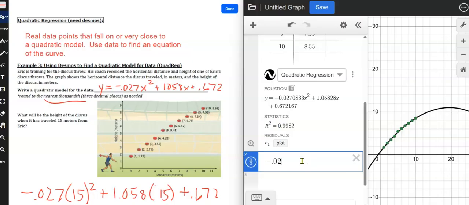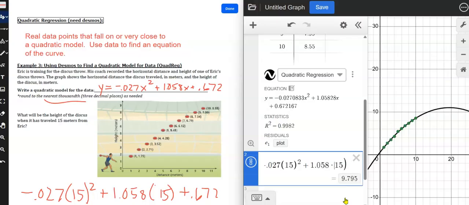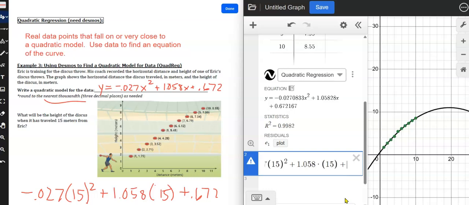Negative 0.027, I use parentheses, squared, let's see, plus 1.058, plus 0.672. 10.467.